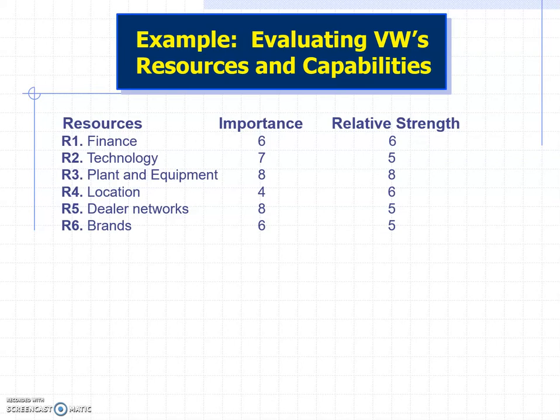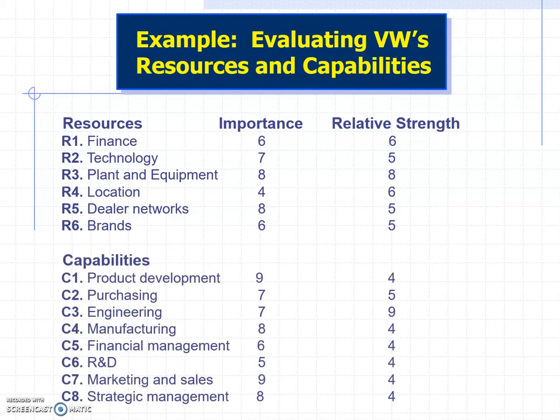So plant and equipment and dealer networks are the most important for Volkswagen to get competitive advantage out of those particular resources. Volkswagen's relative strength versus competitors, it looks like plant and equipment is its highest relative strength, but there are some weaknesses as well, especially dealer networks. If you look at that, it's considered to be very important, but they score only a 5 out of 10 in terms of relative strength.